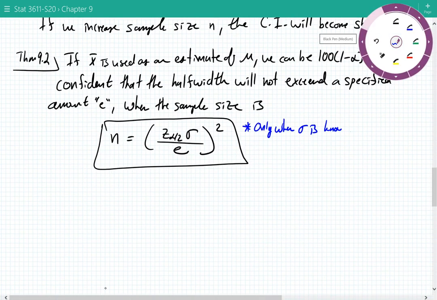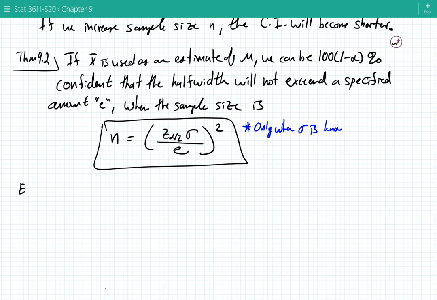Let's take a look at an example of computing desired sample size. Let's continue the zinc concentration example from the last video.